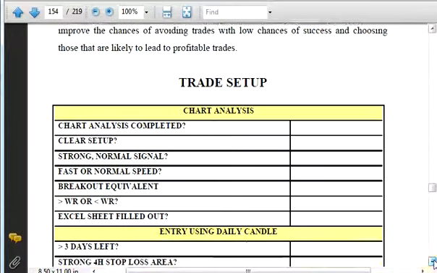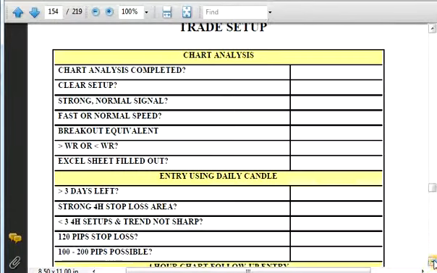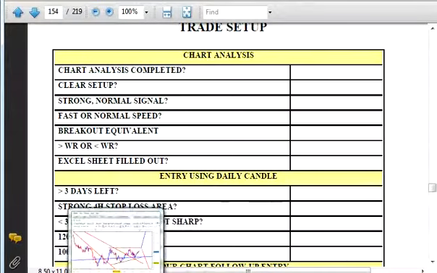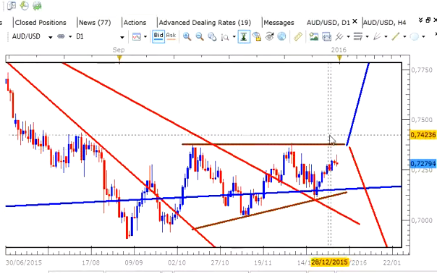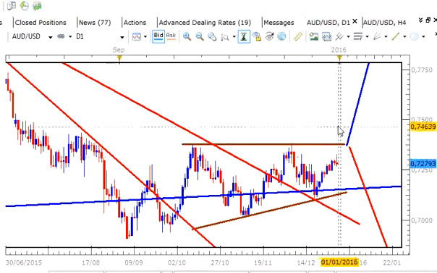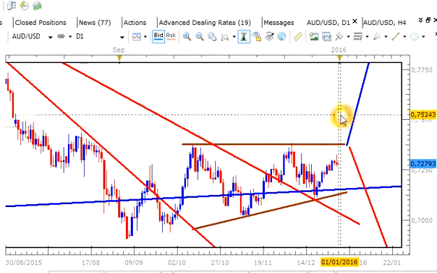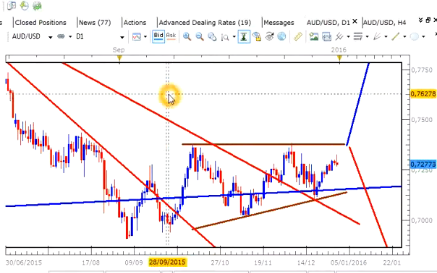This essentially provides us with all the elements that we need to analyze the market, analyze the pair, analyze the consolidation, and analyze the signals that are given. These criteria are going to help us determine which signals to trade and which signals to avoid. So once we get a signal that is in sync with that trade sheet, then we can take advantage of that breakout as we head higher in favor of the Aussie dollar.